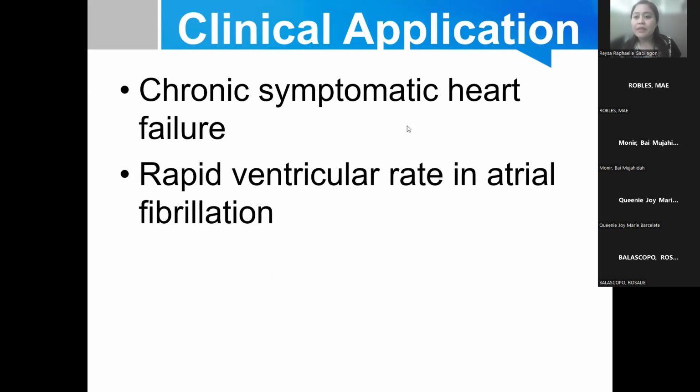So what are the clinical applications now of our digoxin? We use it as a maintenance drug for chronic symptomatic heart failure. Okay? So it is really symptomatic, with the things we discussed last time like shortness of breath, tachycardia, and decreased exercise tolerance that the patient really experiences. And then, aside from chronic heart failure, we also use digoxin for rapid ventricular rate in atrial fibrillation.